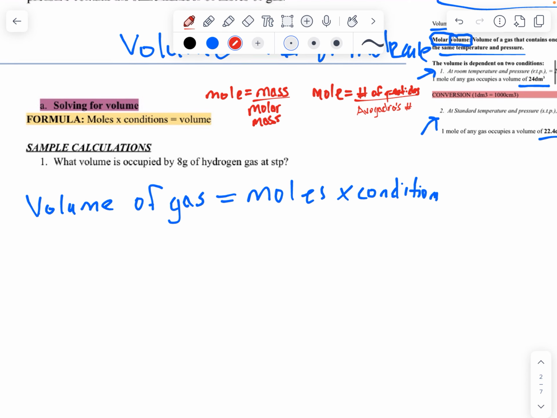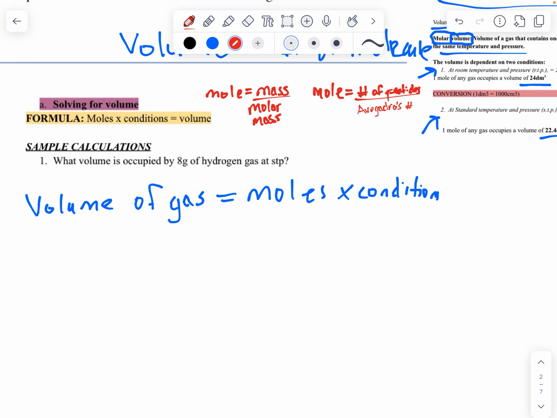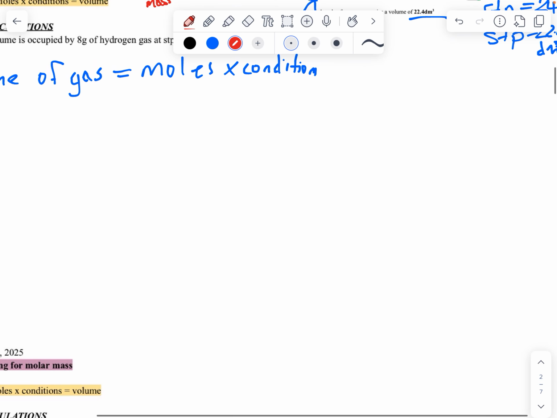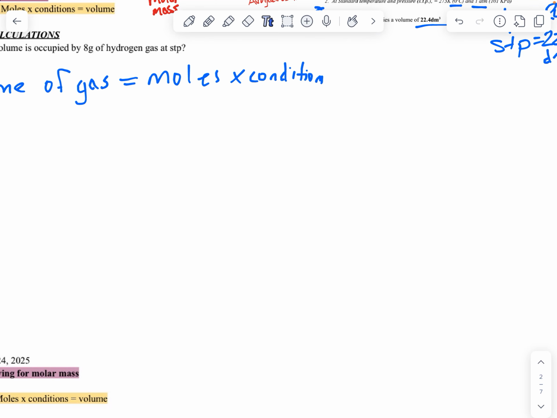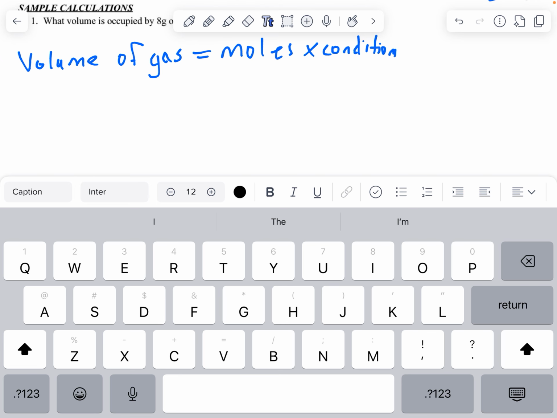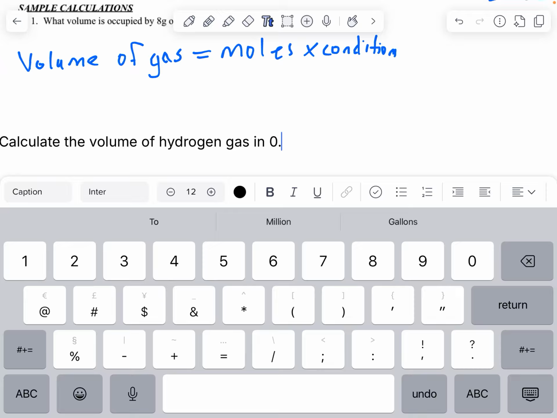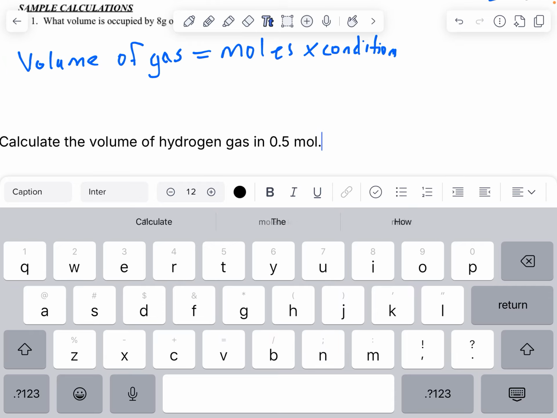Okay. So for volume of a gas, it's equal to moles times condition. I'm going to write a question here before I solve number 1. So my question is, calculate the volume of hydrogen gas in 0.5 mole at STP.